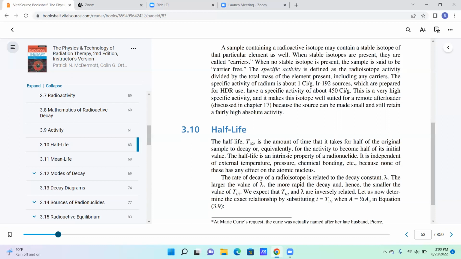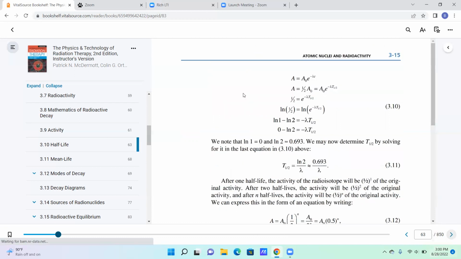So the rate of decay of a radioisotope is related to the decay constant. The larger the value of lambda, the more rapid the decay, and hence the smaller the value of the half-life. We expect that the half-life and lambda are inversely related, and they go through developing a relationship to show that.